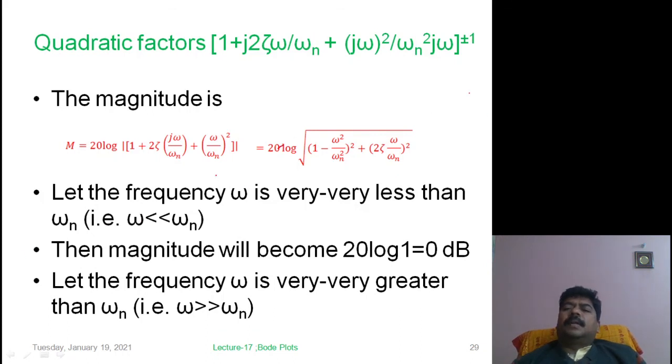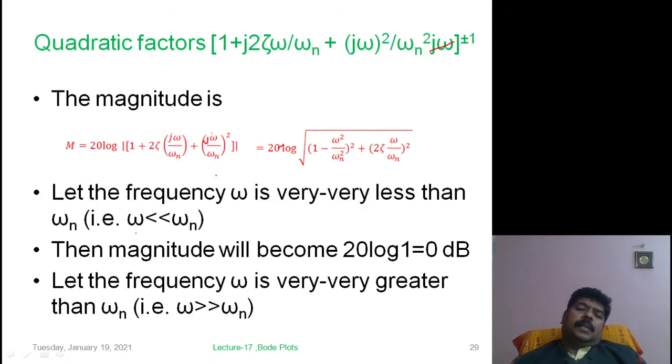In this factor, the j omega will basically be there, so you can write either j omega or minus of this. So the magnitude will be 20 log under root of (1 minus omega square by omega n square) whole square plus (twice zeta omega by omega n) square.